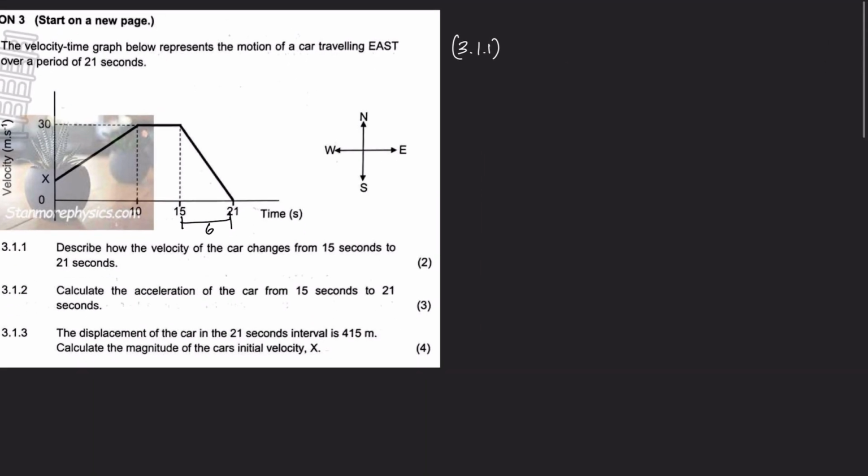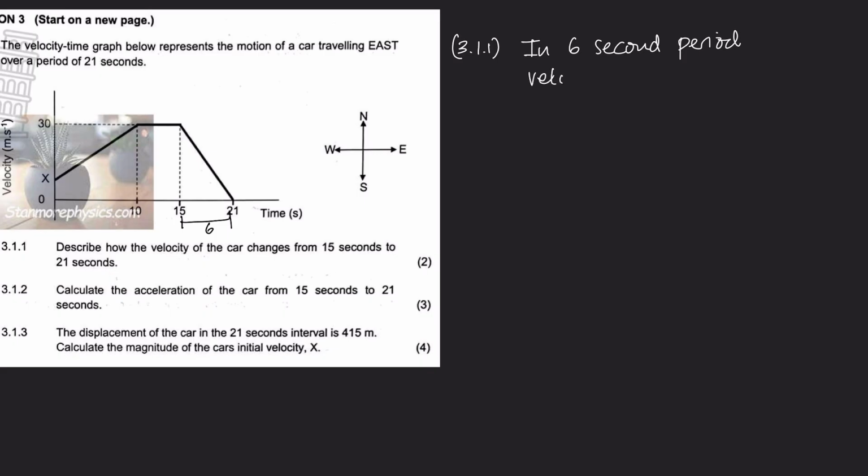So we can say that in the 6-second period, the velocity decreases uniformly, and then the car stops.